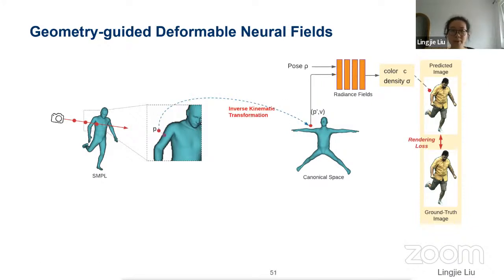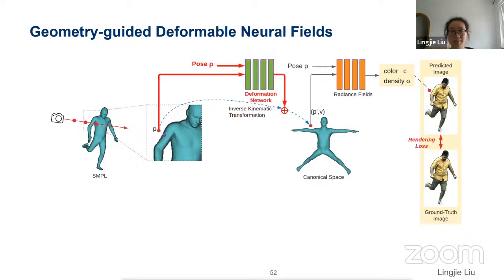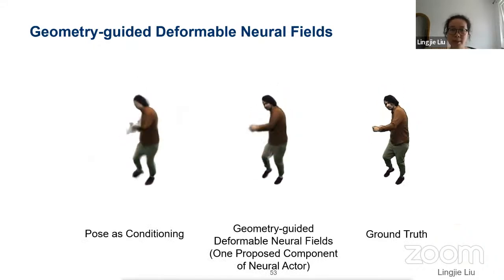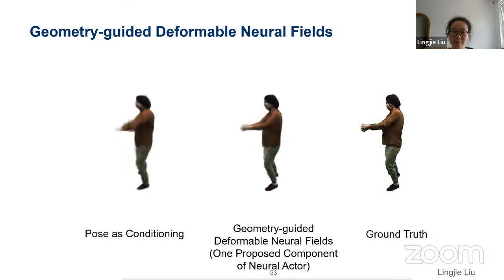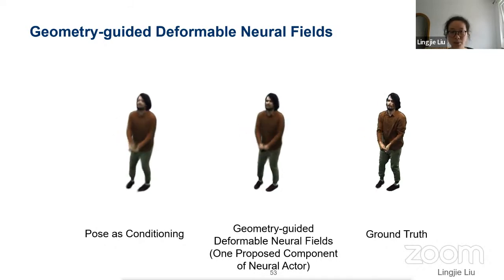To align each posed space to the shared canonical space, we decompose the full movement into two parts: the deformation represented by inverse kinematic transformation, and the pose-dependent residual deformations predicted by an MLP. This residual deformation cannot be covered by inverse kinematic transformation. With this strategy, a dynamic sequence can easily be encoded and the result gets better, as shown in the middle.